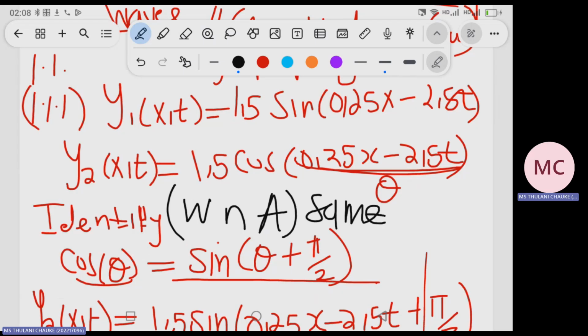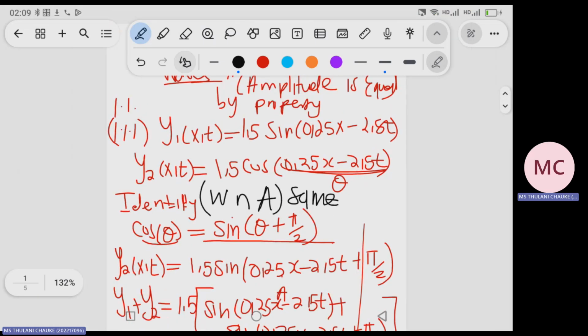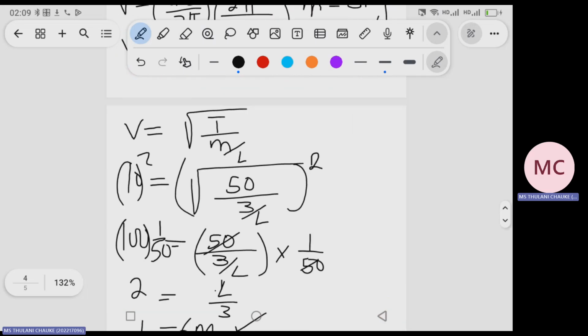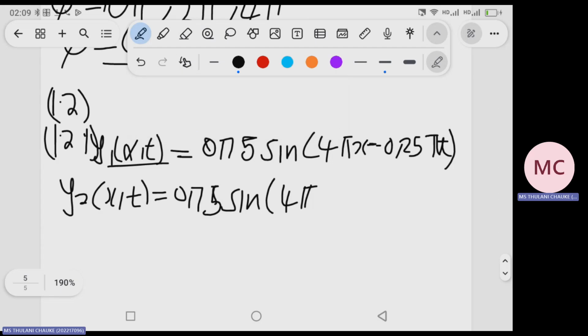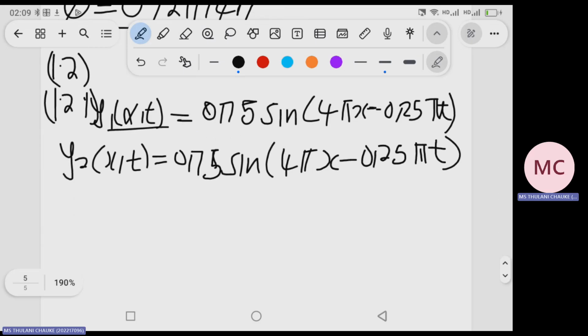I think this is by property. Scroll down, now we're having 5 again. But the phase constant can be different.